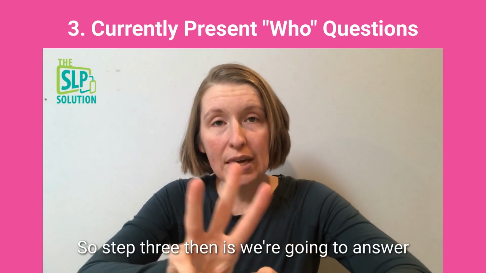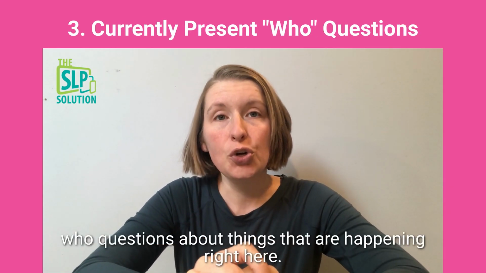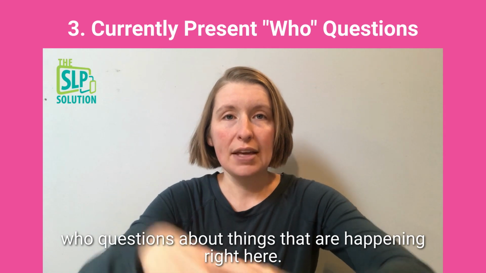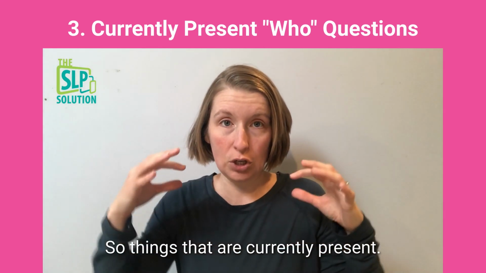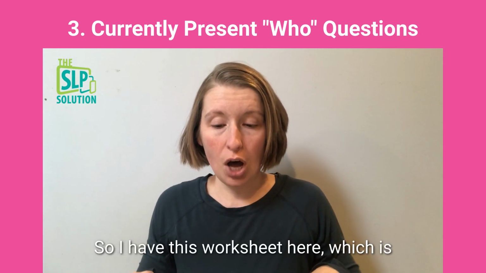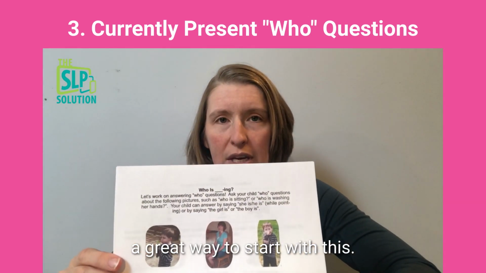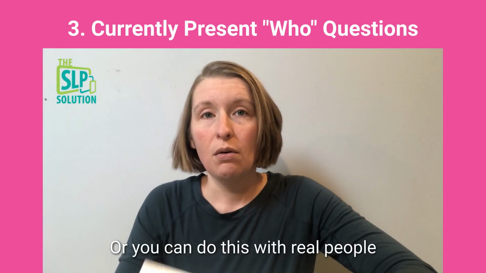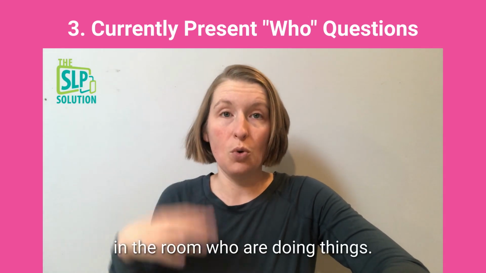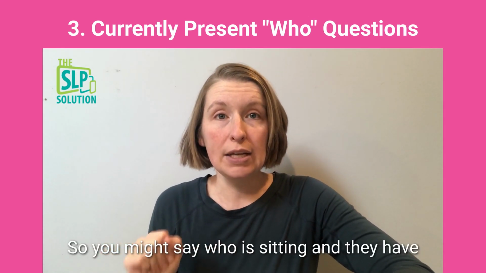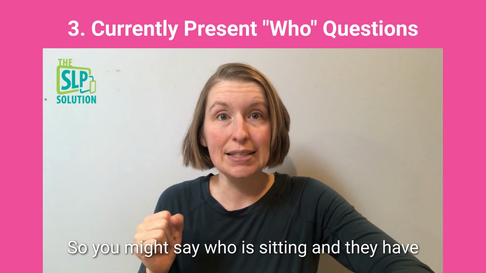So step three then is we're going to answer who questions about things that are happening right here. So things that are currently present. So I have this worksheet here, which is a great way to start with this, or you can do this with real people in the room who are doing things. So you might say, who is sitting?